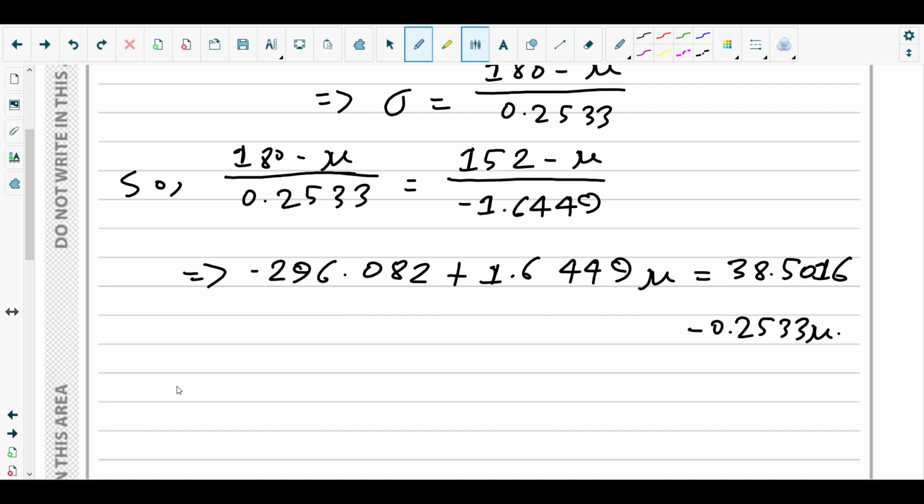Now take the terms with mu on the same side, so 1.6449 plus 0.2533, you will get 1.8982.